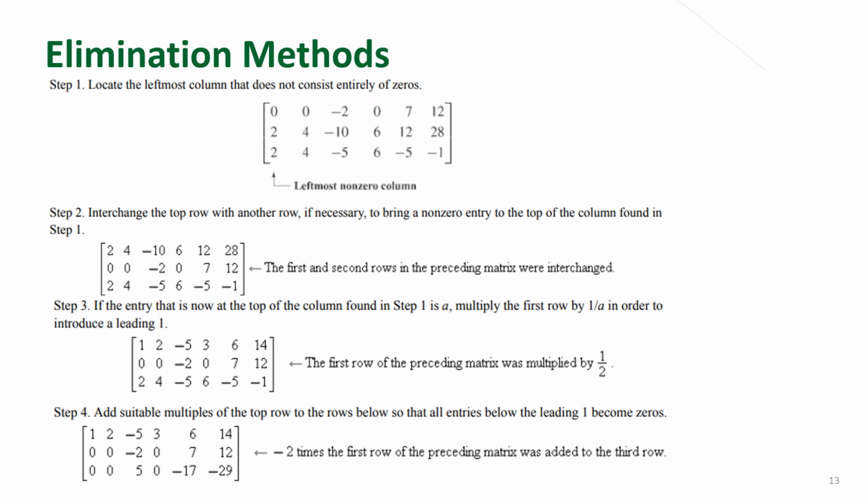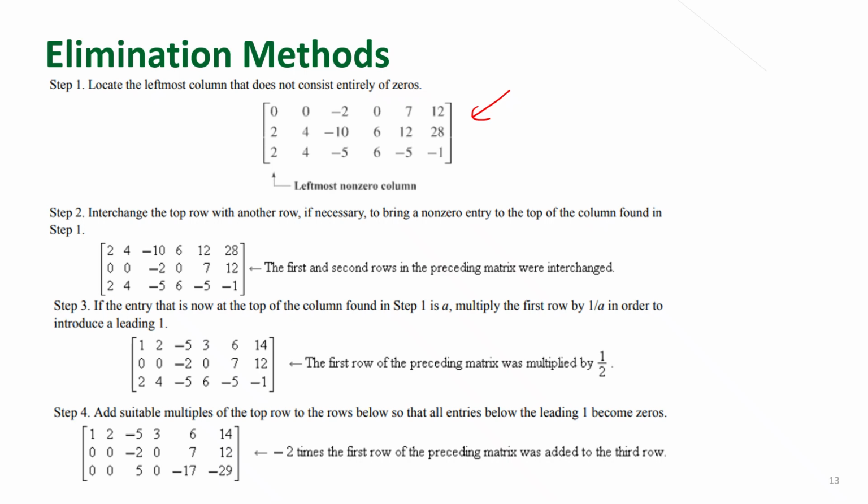Okay, now we'll cover the method to solve a linear equation system, where we use what we learned earlier about echelon form, when we reduce this into its reduced row echelon form.